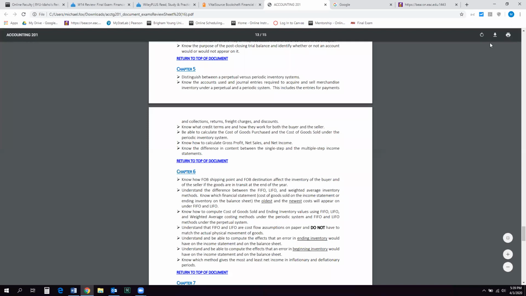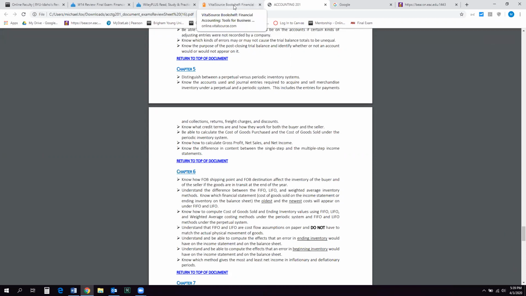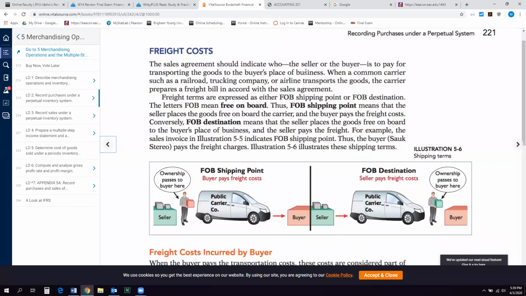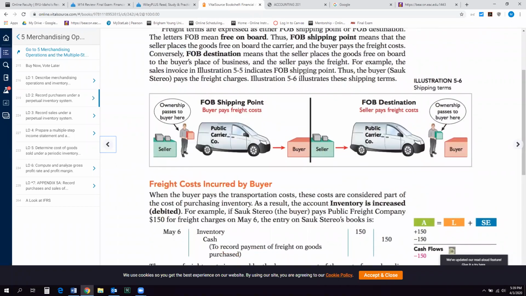All right. So I think what they're trying to get at with this question is that under a perpetual system, we're going to make all of these purchase transactions to where they directly impact our merchandise inventory, right?